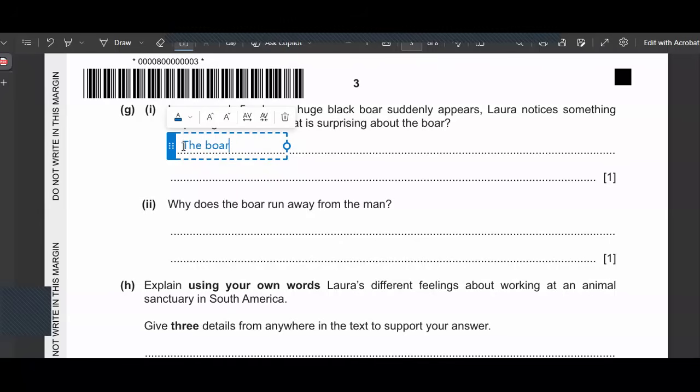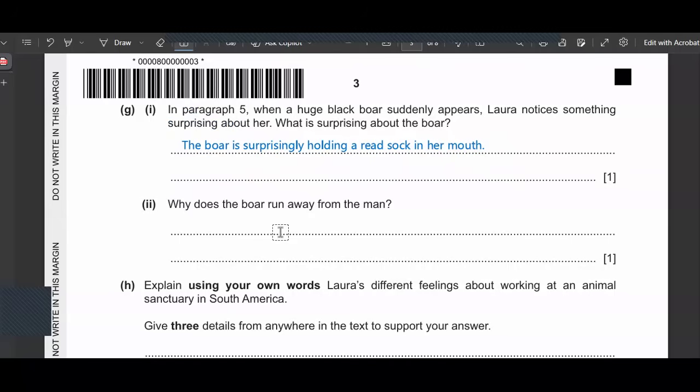The boar is surprisingly holding a red sock in her mouth.